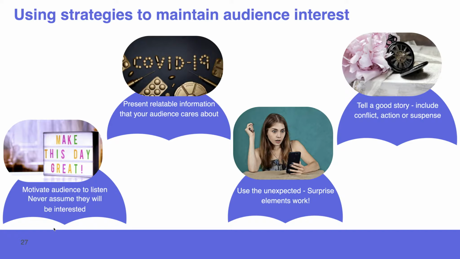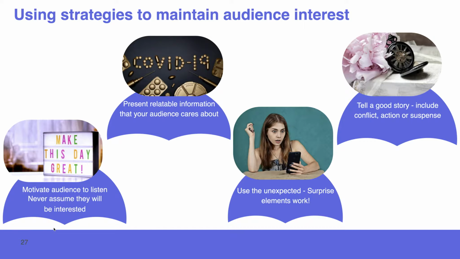Also, provide information that's current, that is more relatable, that people care about. It just makes it really easy to maintain interest if you have information that is current. And if you have a surprise statistic here and there, that kind of stuff really helps too.